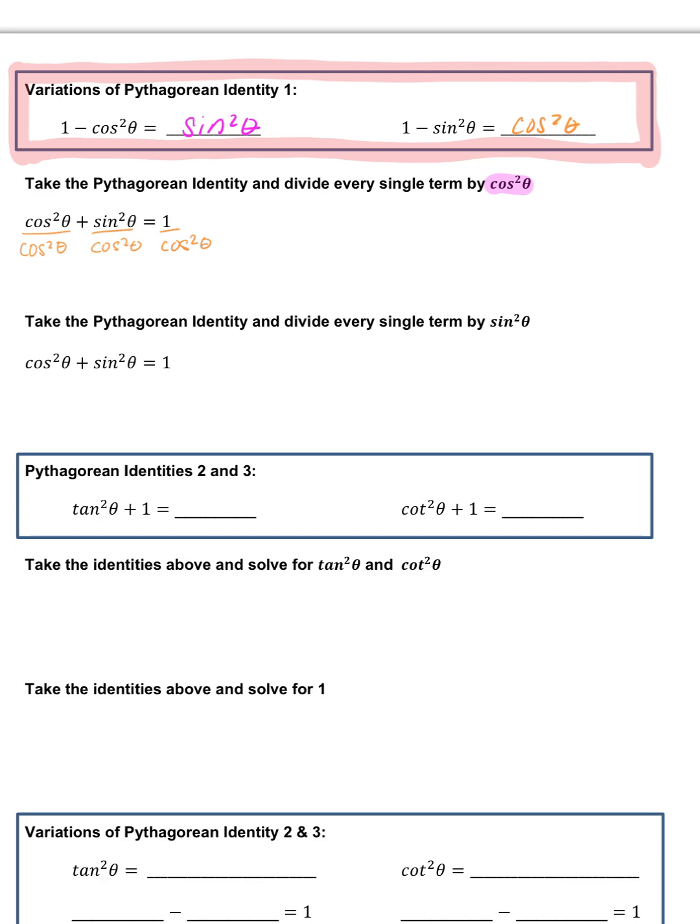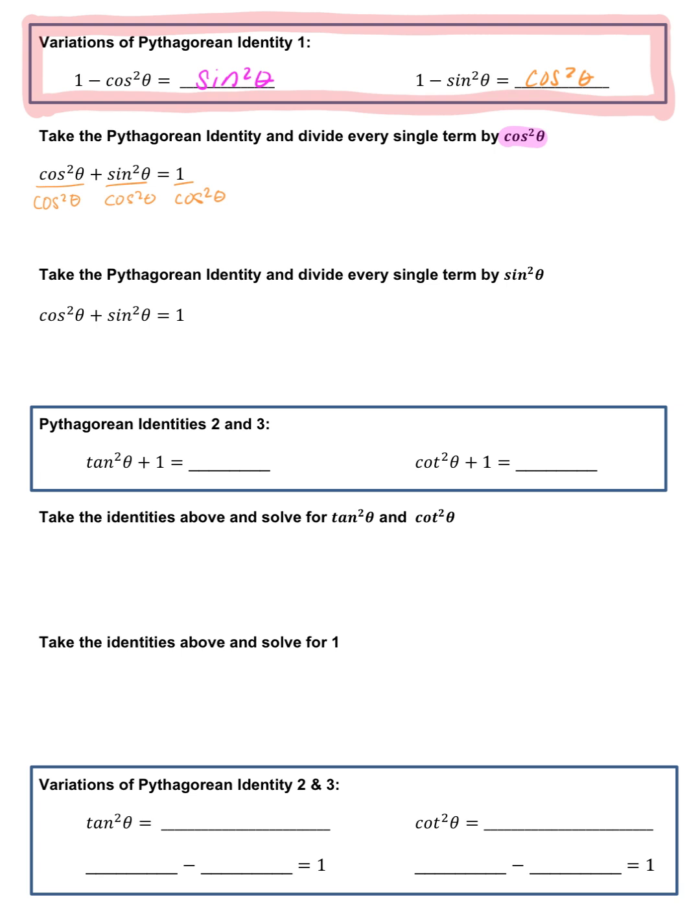Okay, so now let's look at this first term. This is always going to equal 1. Anything over itself equals 1. It's a fraction.